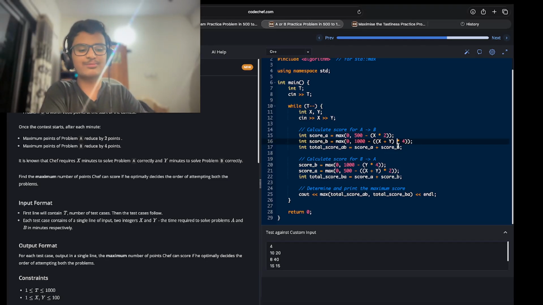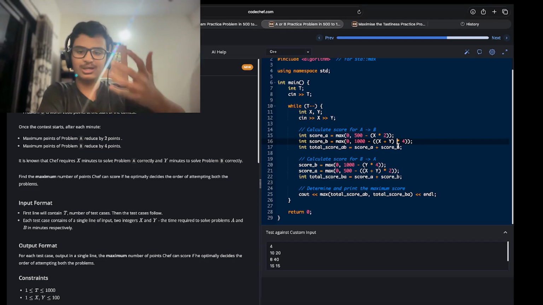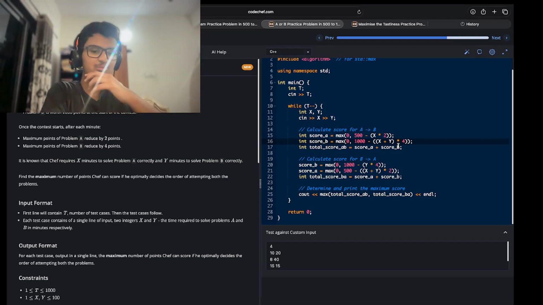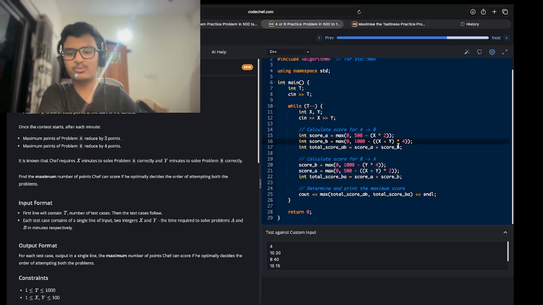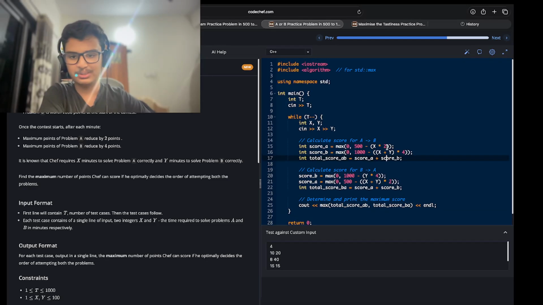Because while the chef is solving problem A, the points for problem B are also going to be reduced. So that's why we have added x plus y here. So we are multiplying that by 4 and subtracting that from 1000. That's basic maths. And we are just adding the total score of the sequence AB.